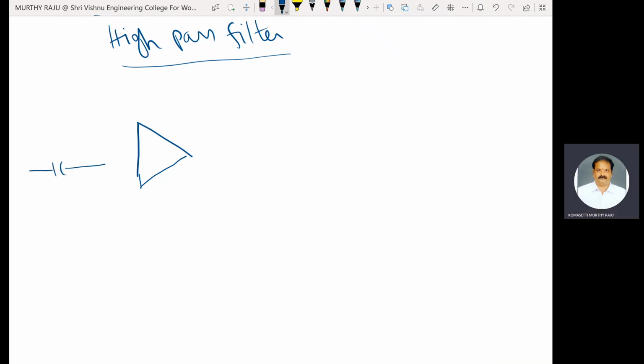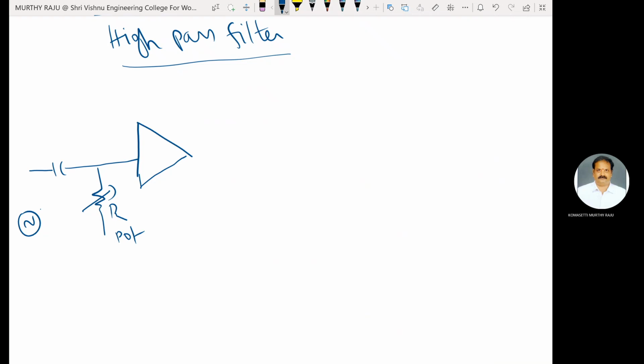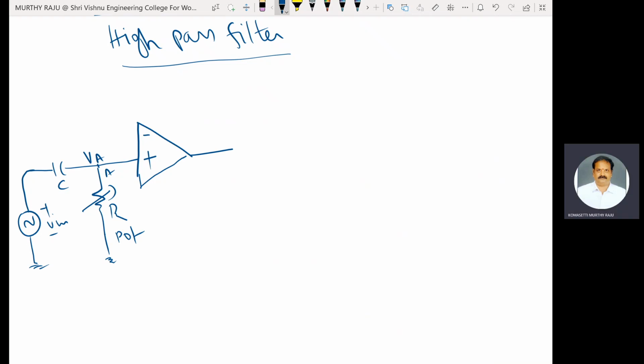This one is capacitance, resistance. This one is Vin. This one is capacitance. The voltage at point A is VA, plus here, minus here is V naught. This one is R1.